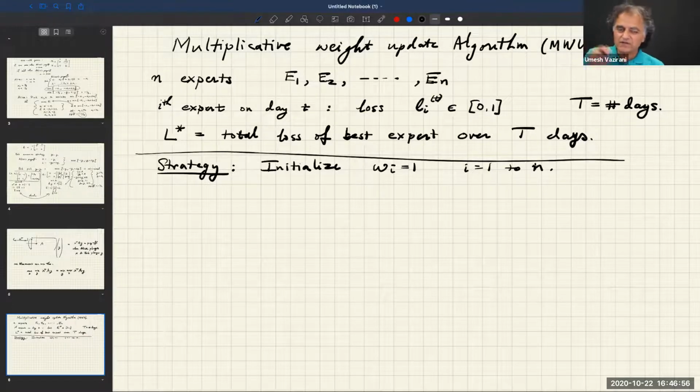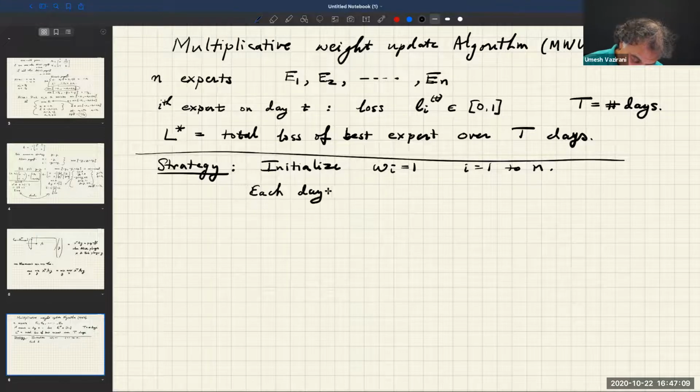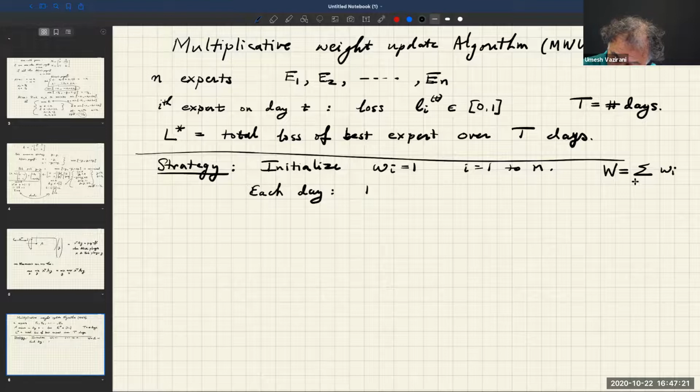And we are going to fiddle around with the weights at the end of each day. We also let W, capital W, be the sum of the W sub i's.